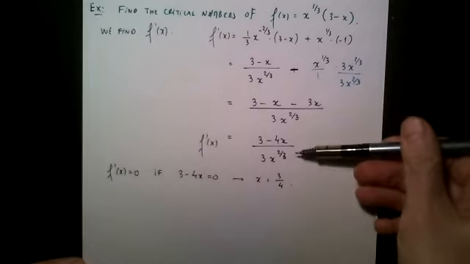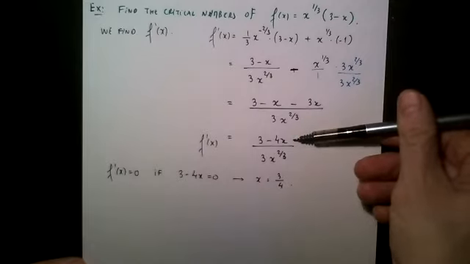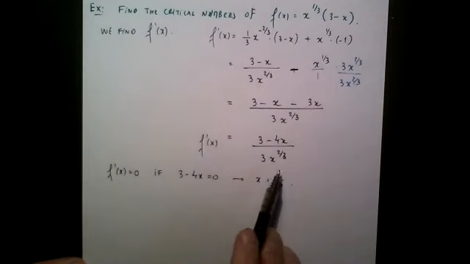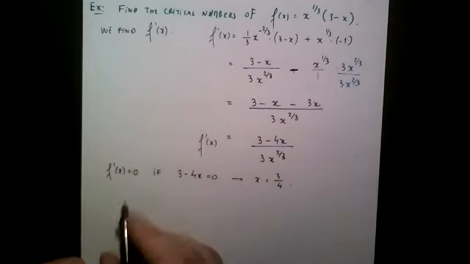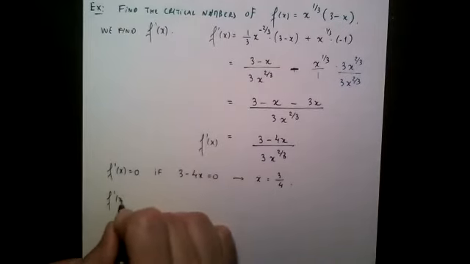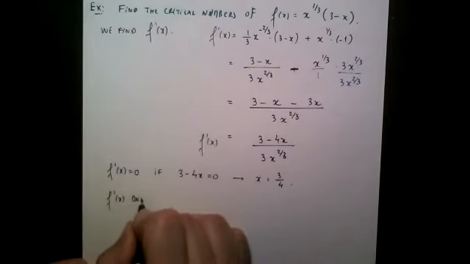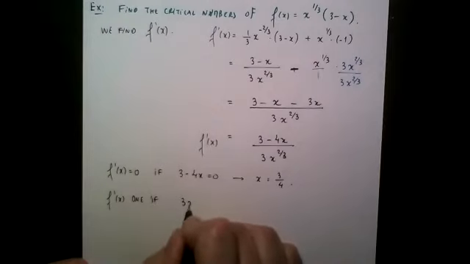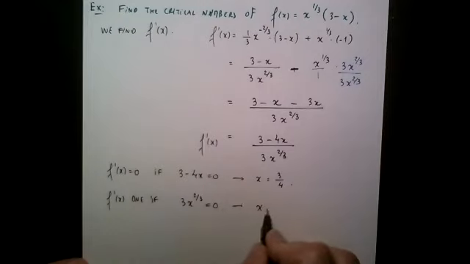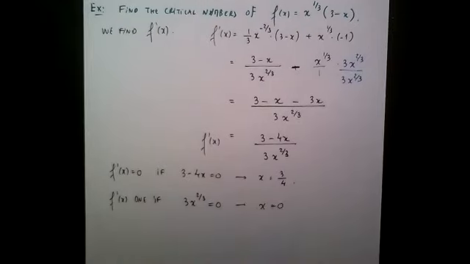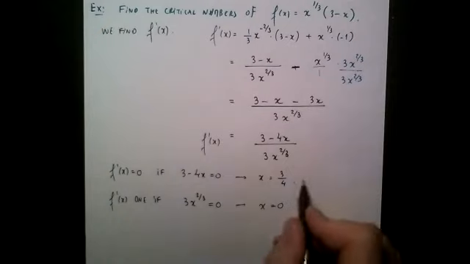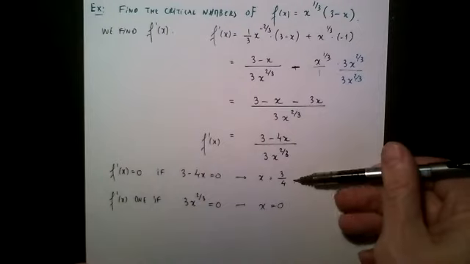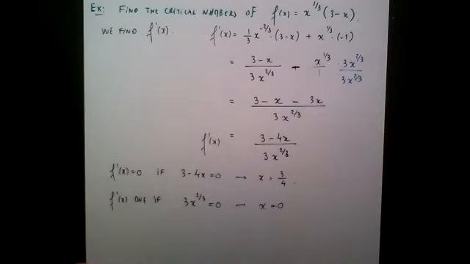If you have a fraction, you make the numerator 0. Also, if the denominator is 0, the derivative doesn't exist. So f prime of x does not exist if the denominator 3x to the 2/3 is equal to 0, basically if x is 0. So these are my two critical numbers. One makes the derivative 0, one makes the derivative not exist.